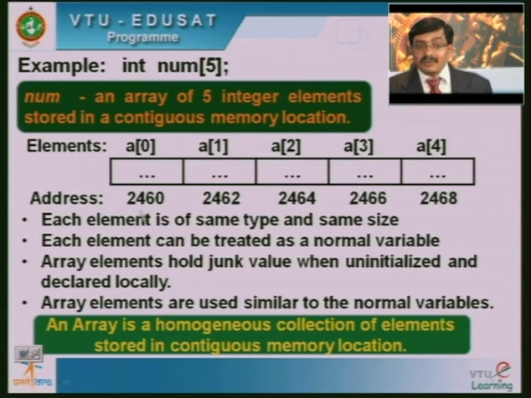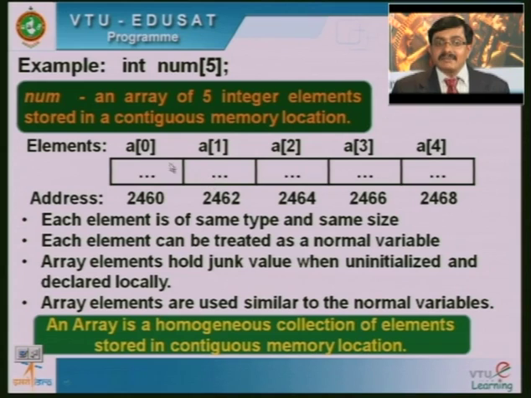When I am accessing each of these elements in programming, they can be treated independently as a normal variable. A of 0 is one variable, A of 1 is another variable, A of 2 is another, A of 3 is another, and A of 4 is also another variable. Then, array elements hold junk values when uninitialized and declared locally. This is similar to the automatic or local variables you use normally.